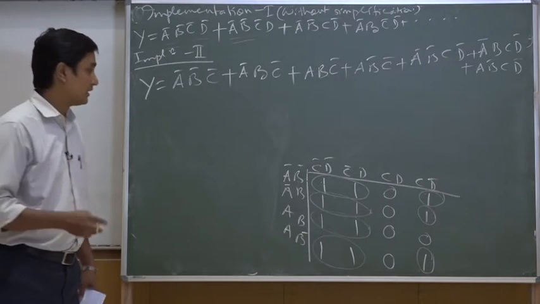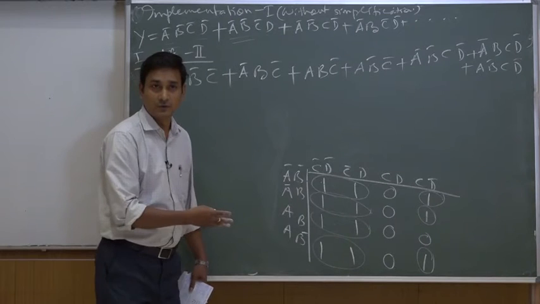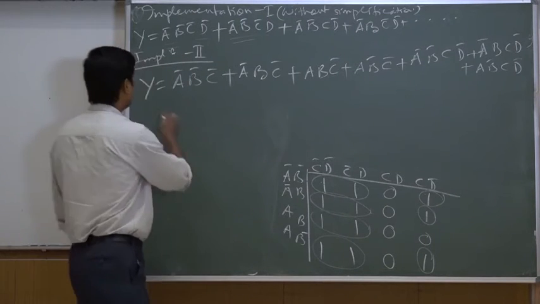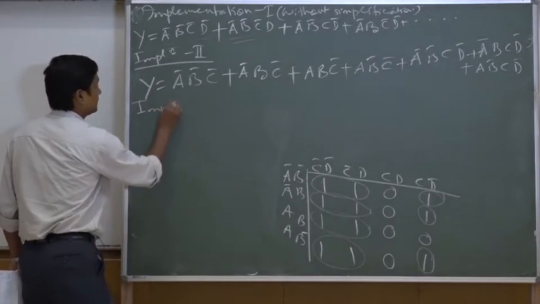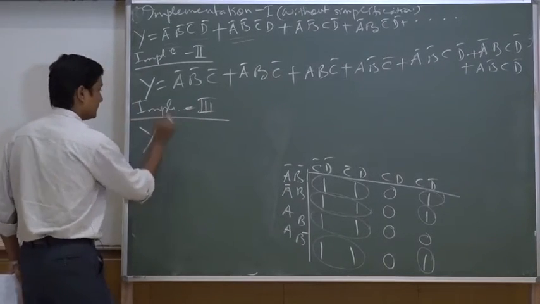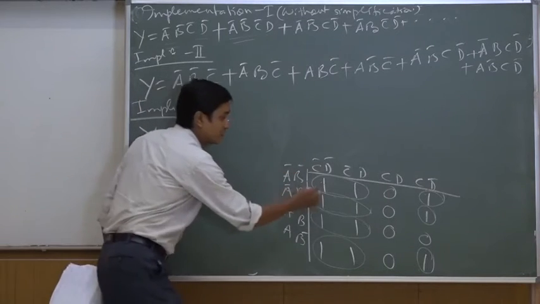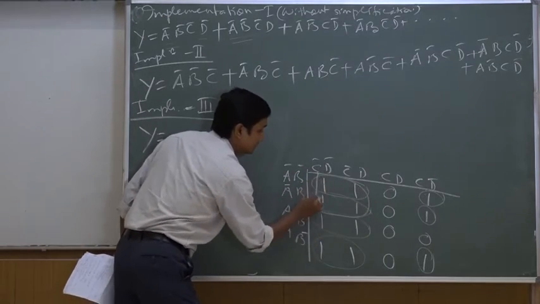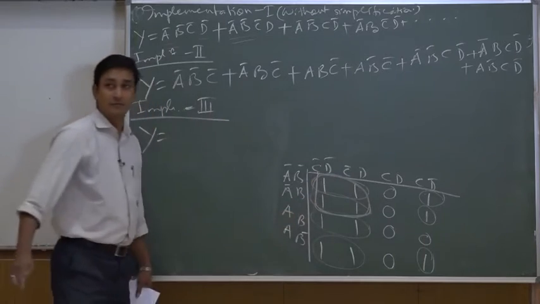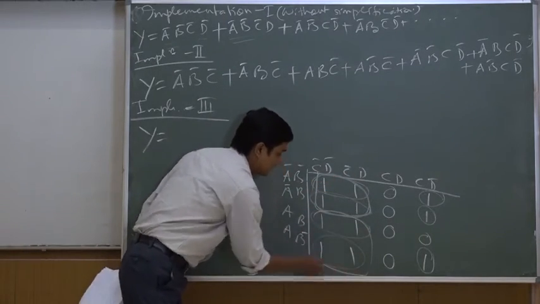Now, I said you can make a bigger group also. So, let me take another implementation, implementation 3, of the same Y. In this, I will extend the group in this fashion: this 4 and this 4.